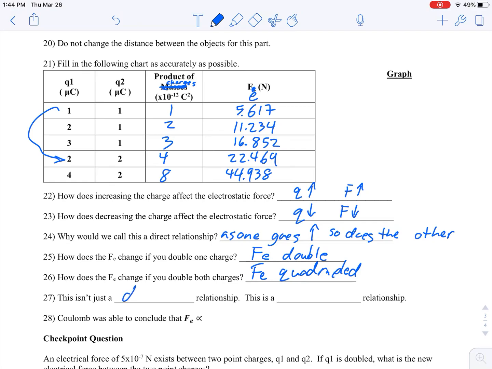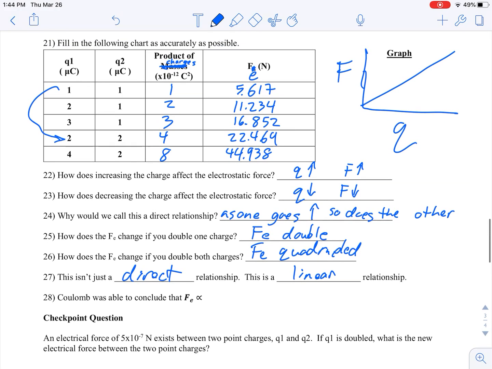So this isn't just a direct relationship. It's a linear relationship. Looks something like this. If we have force here and charge here, it goes up something like that. And just notice that it's actually proportional to the product of the two. So notice for number 25 here, when you double one charge, the product of the charges was doubled.